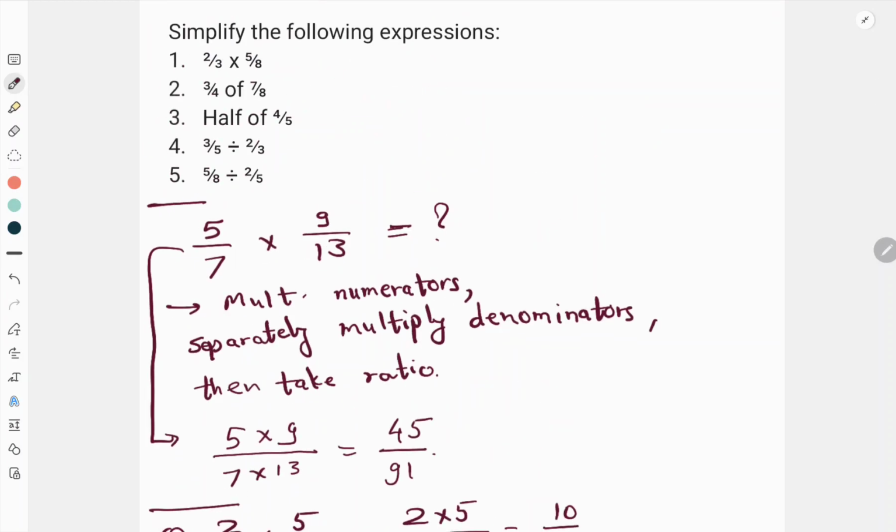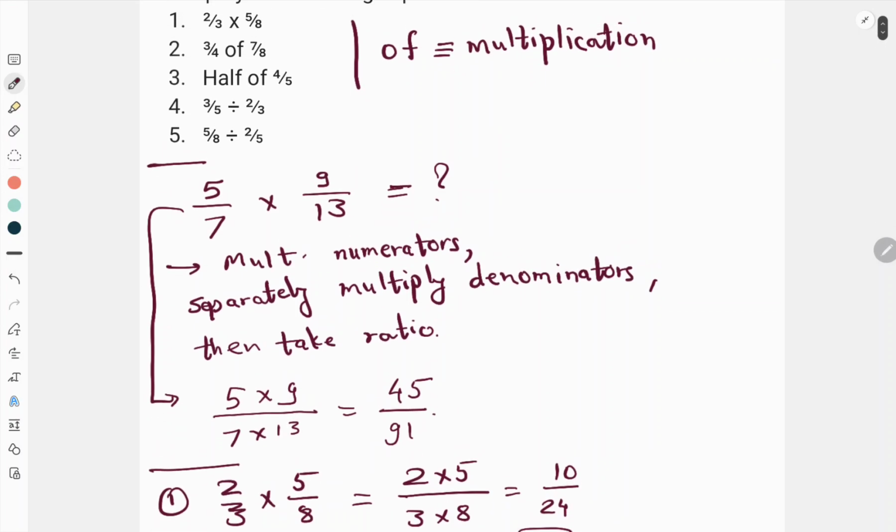3/4 of 7/8. Now sometimes people get confused about the meaning of the word "of". Of is always just multiplication, nothing more. So let me write this down: of is synonymous with multiplication. Whenever you see "of" in this context of ratios, it's just multiplication.